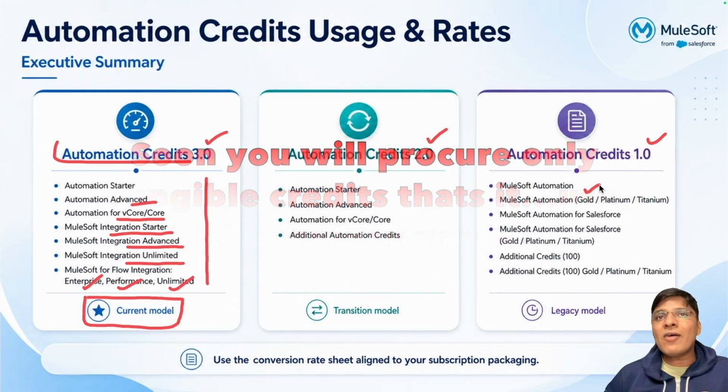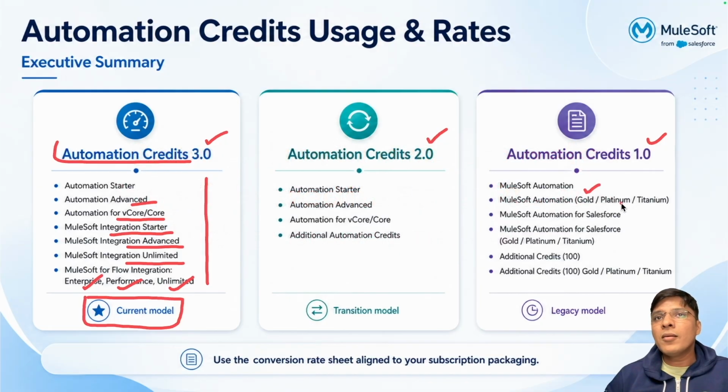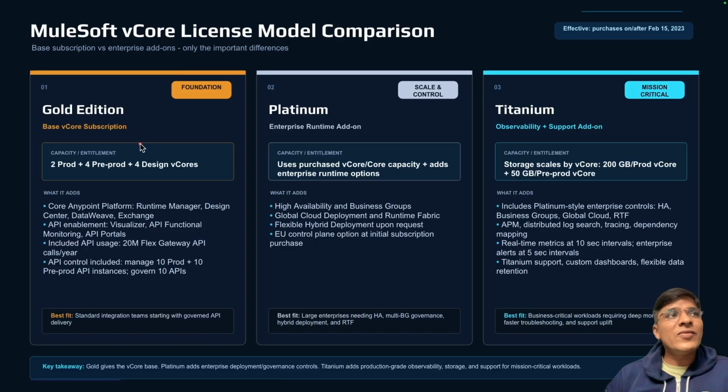We used to have vCore based licenses for gold, platinum, and titanium editions. Let me take you first to the vCore based license, which starts with the base vCore subscription. We call it the gold edition, which is the foundation.